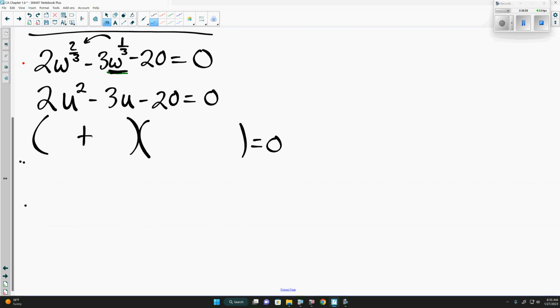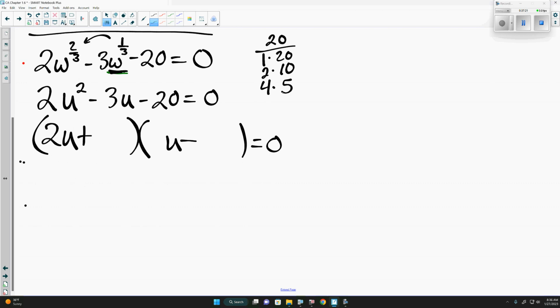Since the 20 is negative, our signs are opposite. The only factors of u that we have are u and u. Now the factors of 2 are 2 and 1. And our factors of 20 are 1 and 20, 2 and 10, 4 and 5.